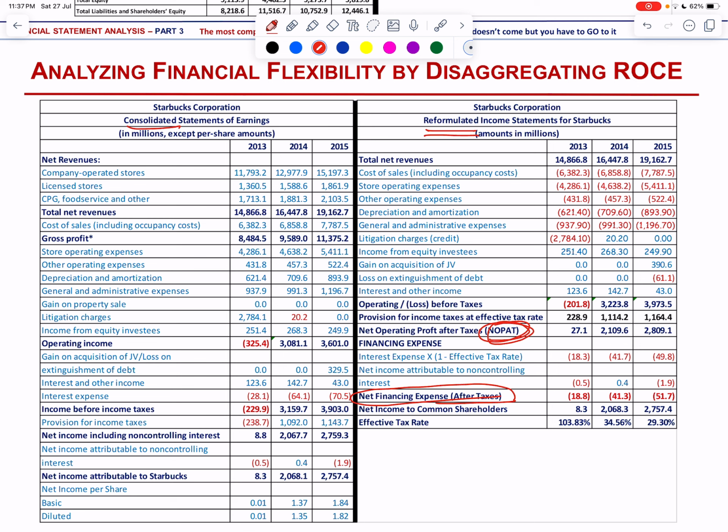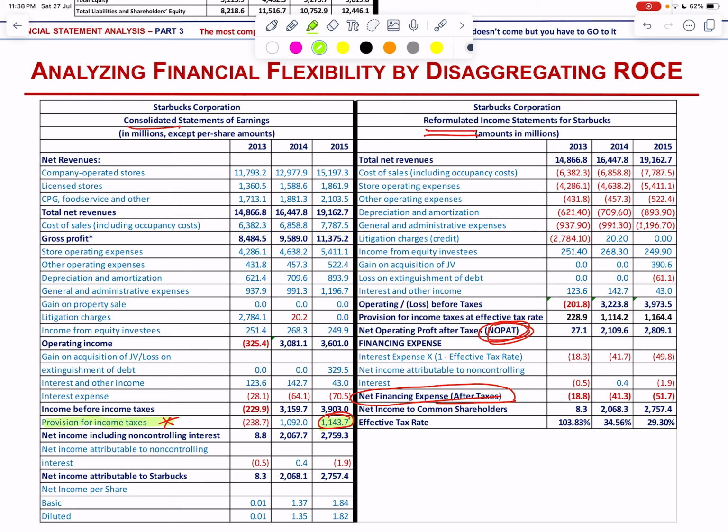For the year 2015, Starbucks has reported a total tax provision of 1,143.7 million. This is for the year 2015.